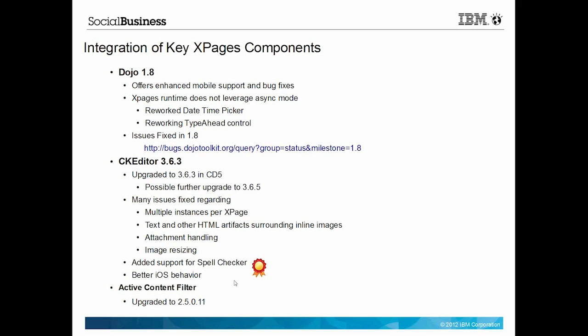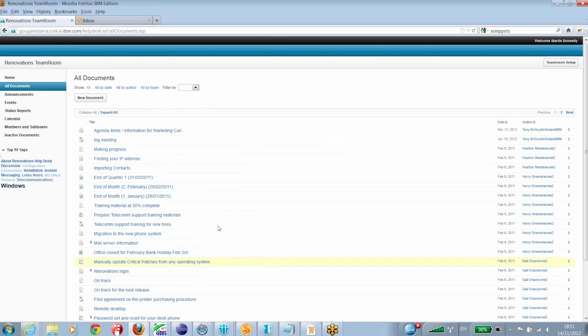I'd like to work in a demo as early as this if I can. So if I just went to one of our templates at the moment, one of the aforementioned templates, I'll just try and minimize this utility here.